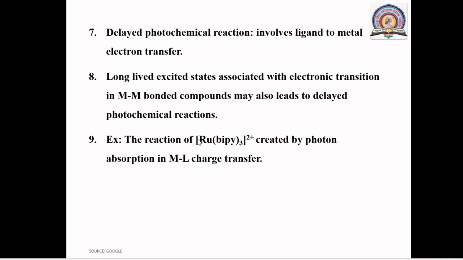For example, the reactions of ruthenium bipyridine 2+ created by photon absorption in MLCT, metal to ligand charge transfer. Why is it MLCT? Because the bipyridine ligand contains conjugated pi systems, so obviously it is metal to ligand charge transfer.